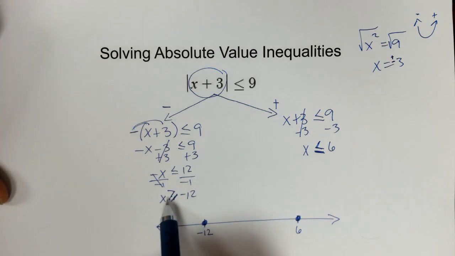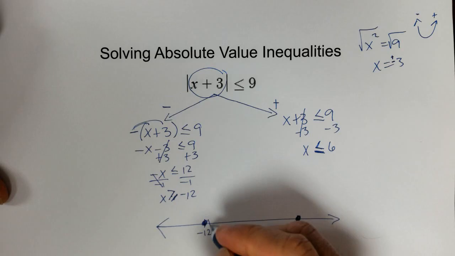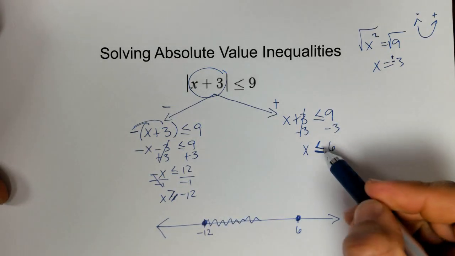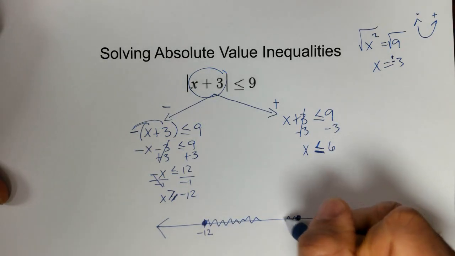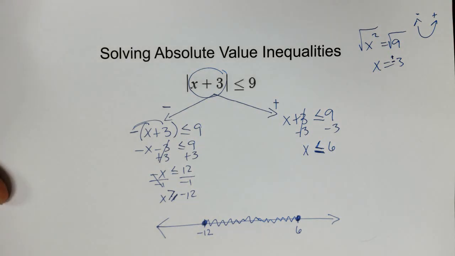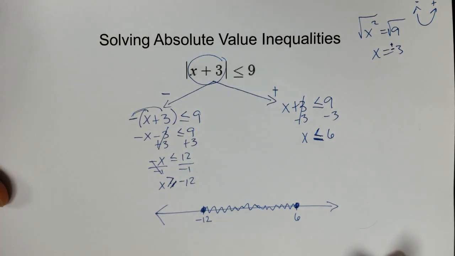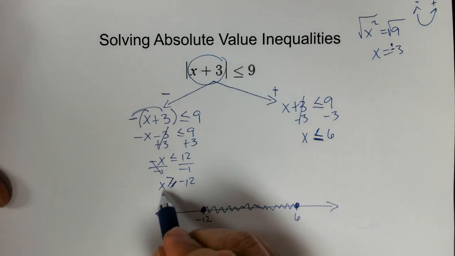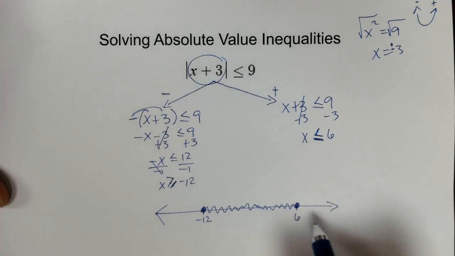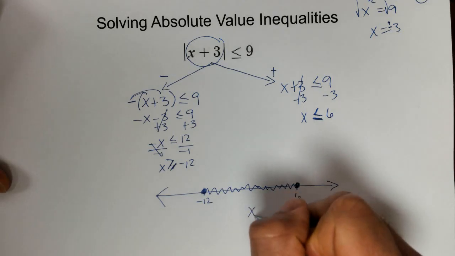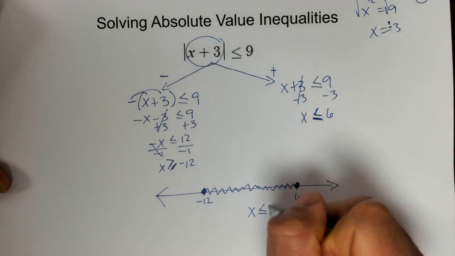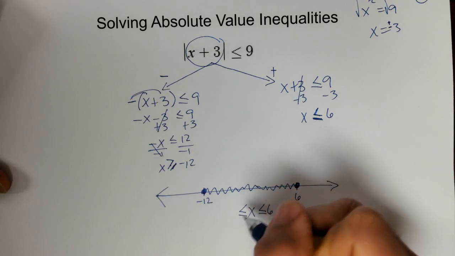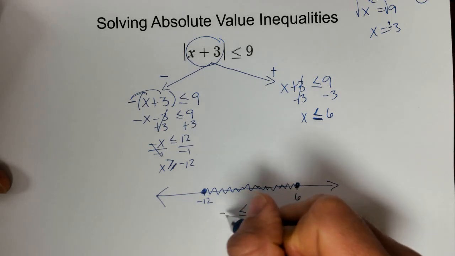Now, x is everything greater than or equal to negative 12, and x is less than or equal to 6. There's my solution, right? You can write it like this as a number line, or we can even put it in the middle. X is less than or equal to 6, and also it's going to be greater than or equal to, on the other side, negative 12.